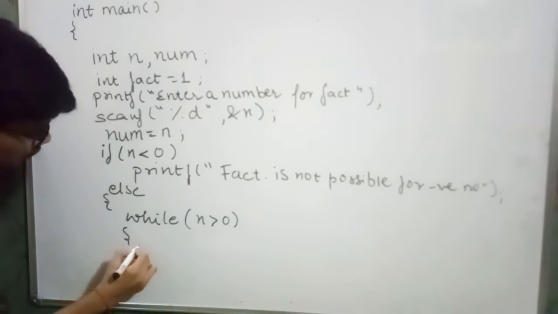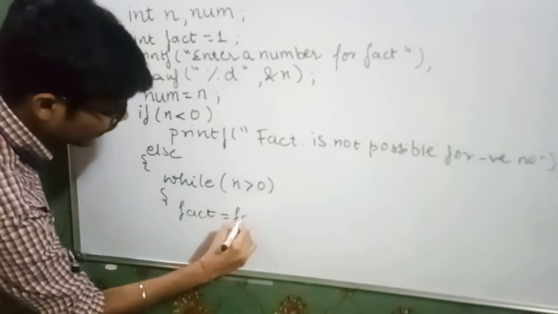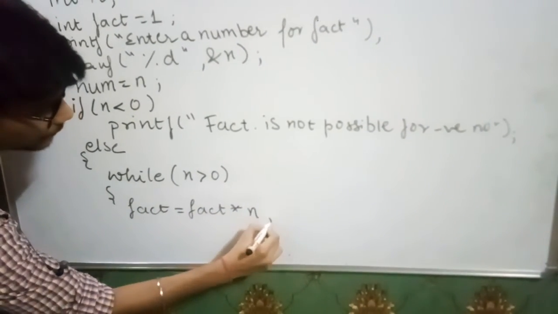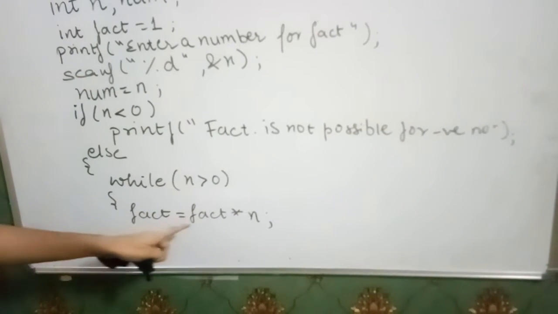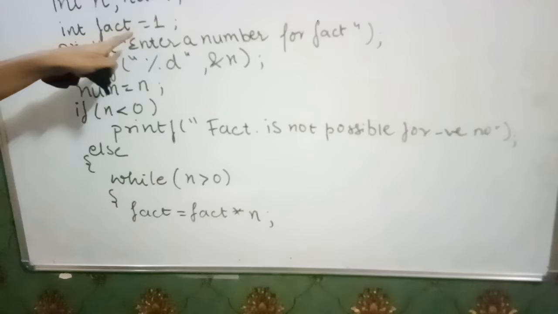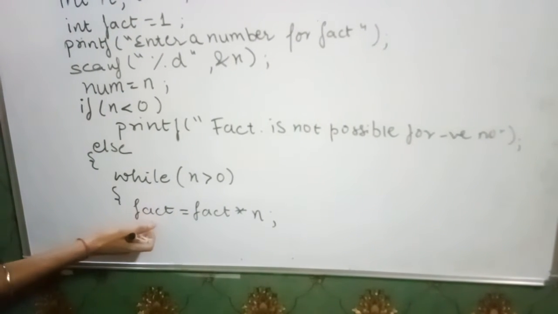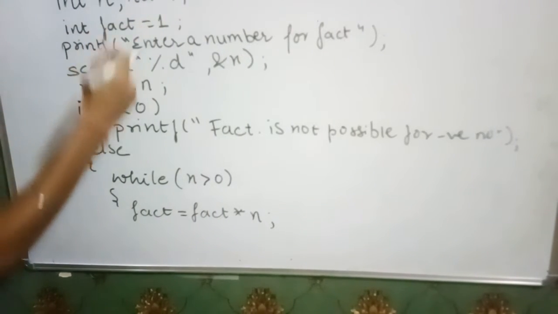So while, fact is equal to fact into n. So n is our number and fact is holding the value of 1. If it had been 0, then the factorial value would always be 0. So that is why we have taken it as 1.